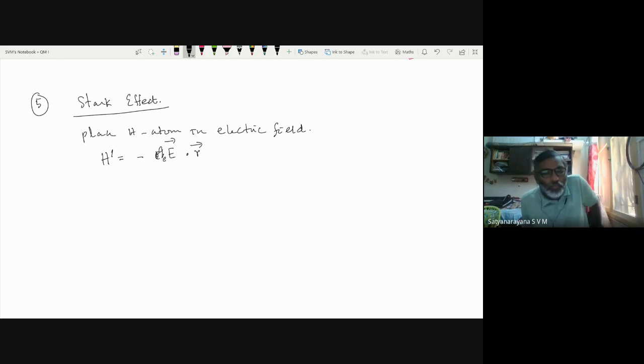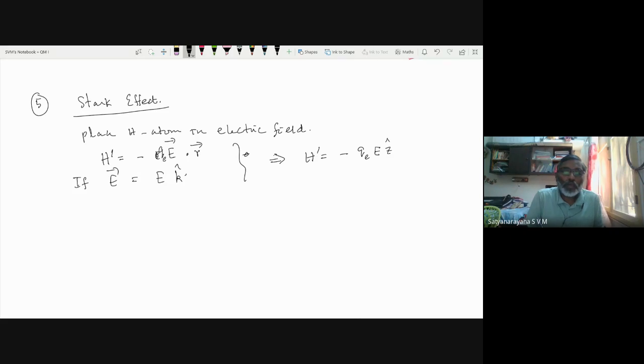Okay, so in particular, if the electric field is applied along that direction, then your H prime is going to be equal to minus QE into Z. So the operator is this Z.